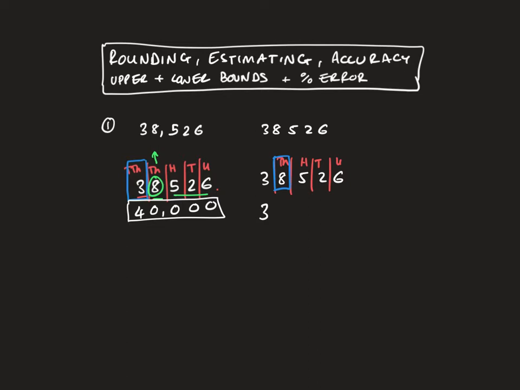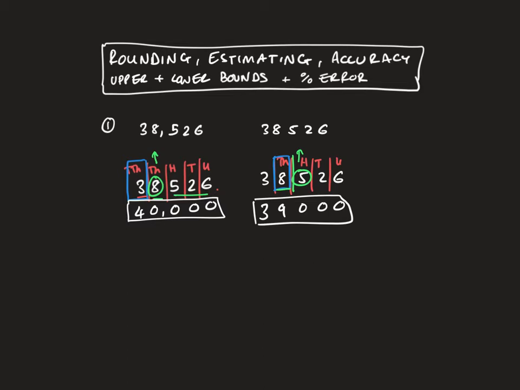But we look at the digit after this, which is a 5. The one just after the 1,000 will tell us whether it rounds up. In this case, because it's 5 or above, it'll cause our 8 to round up to a 9. And then we place zeros after that. So the answer is 39,000, and that's to the nearest 1,000.